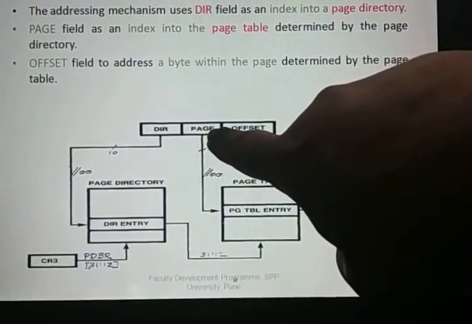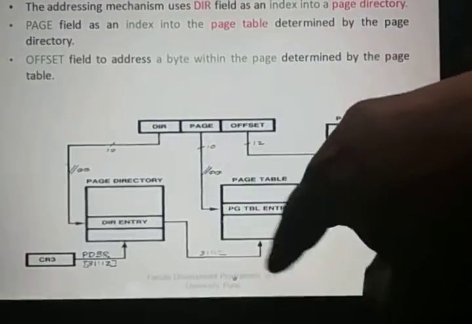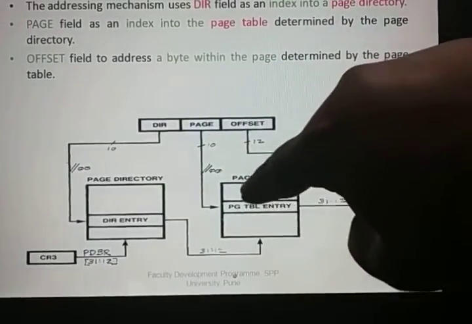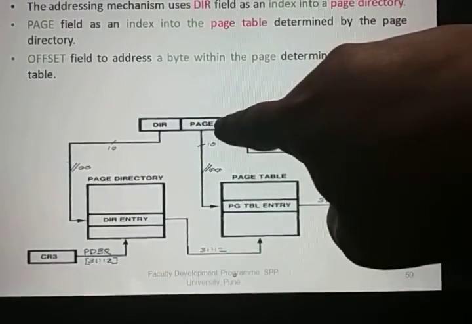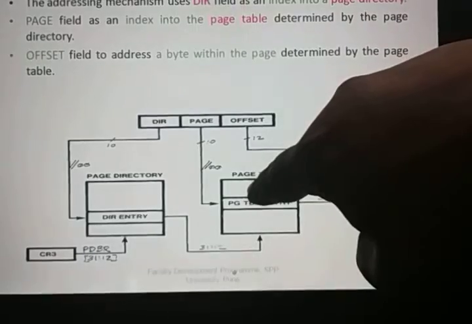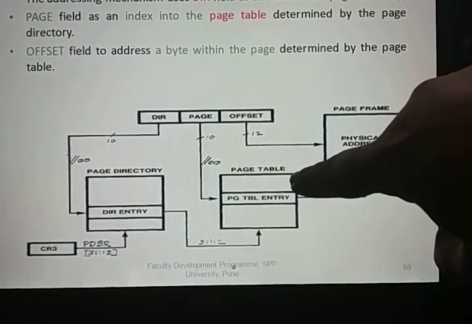Then the page part is also a 10-bit part, so it also indicates the size of that table, that is, how many entries it will contain. And the 10-bit part is used as an index for that table. That means 2 to the power 10 total entries we can contain in the page table.